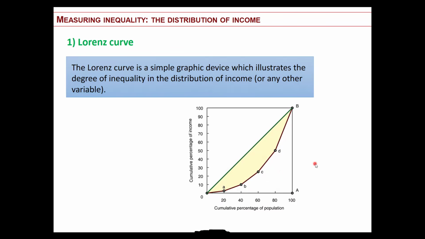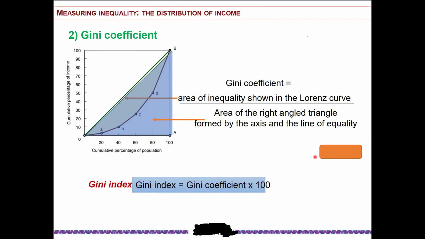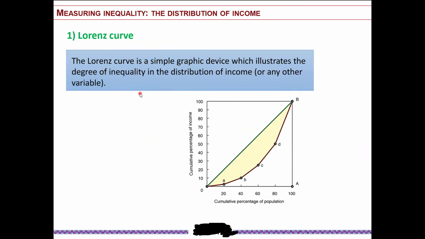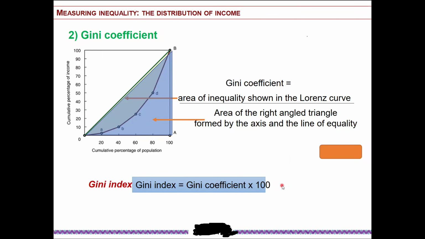And then you also have the Gini coefficient. You just have to be able to calculate it. You calculate it by taking the area of inequality, this area here, divided by this whole area, the triangle.